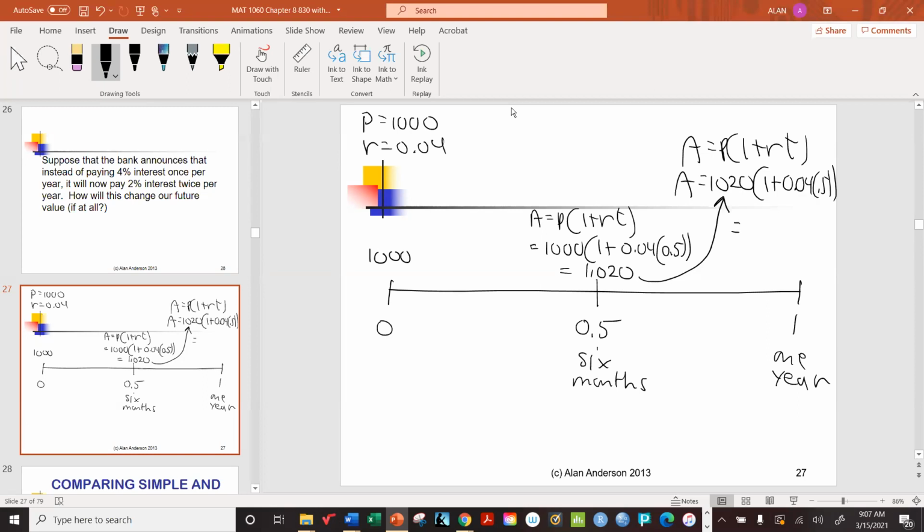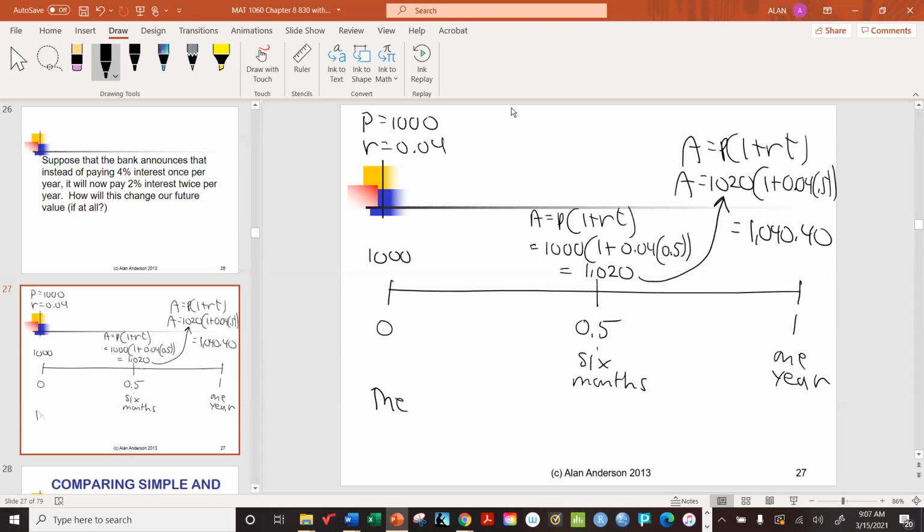So when you multiply this out in your calculator, you might be surprised to see that you get $1,040.40. So what just happened here? We've got 40 cents worth of interest that we did not have before.